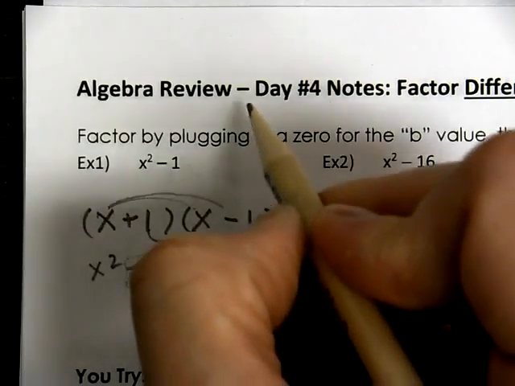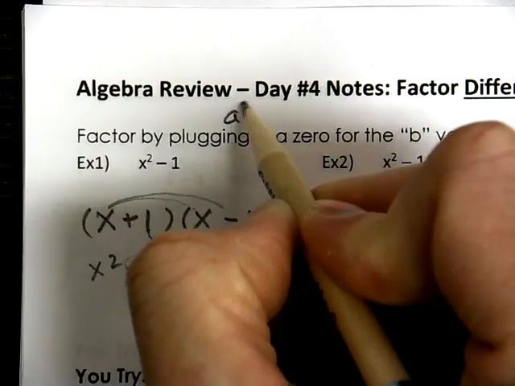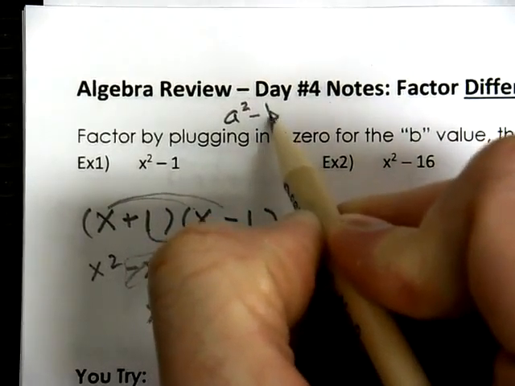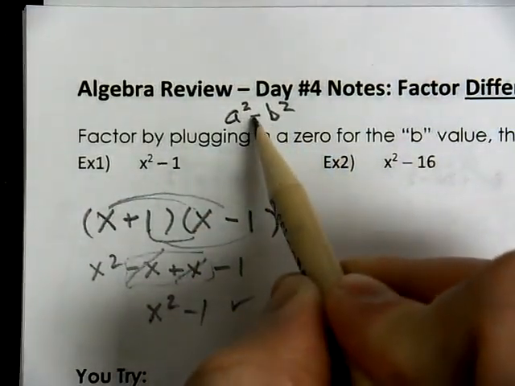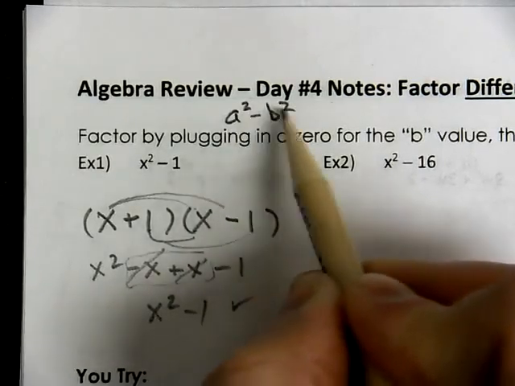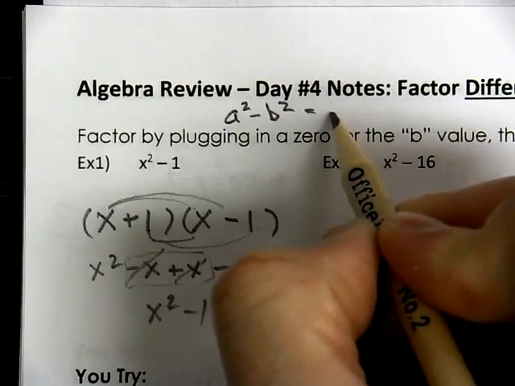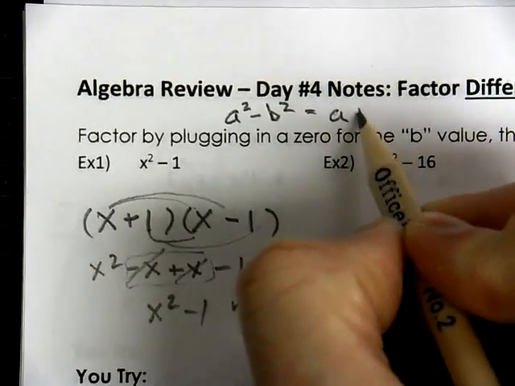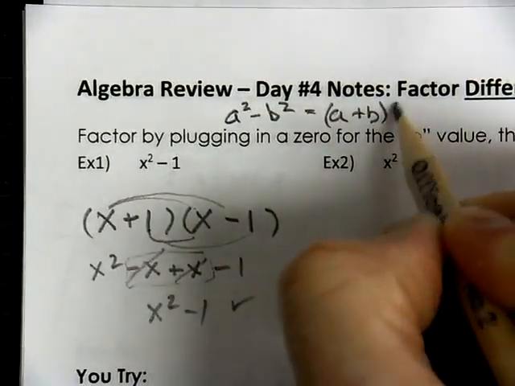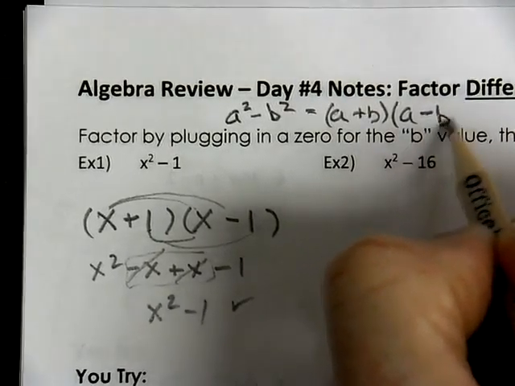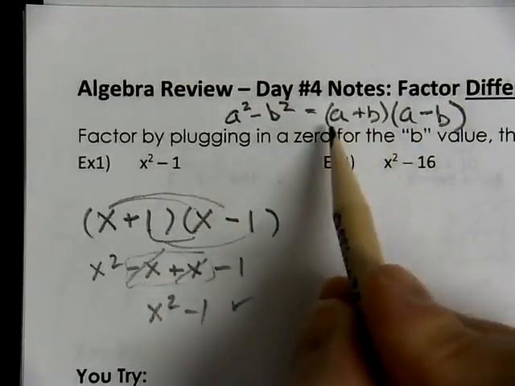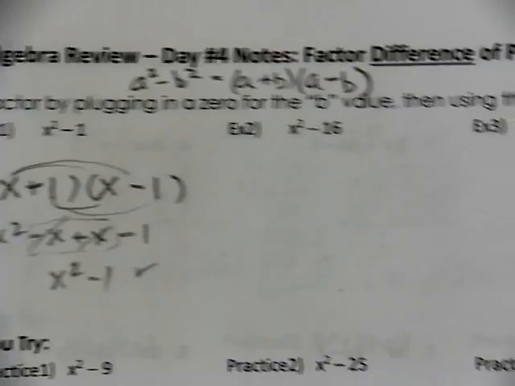What we typically say for a rule is that if a squared minus b squared, if you have the difference, which is minus, of two perfect squares, then you're going to have a plus b and you're going to have a minus b. That's going to be the rule that you'll be able to follow.